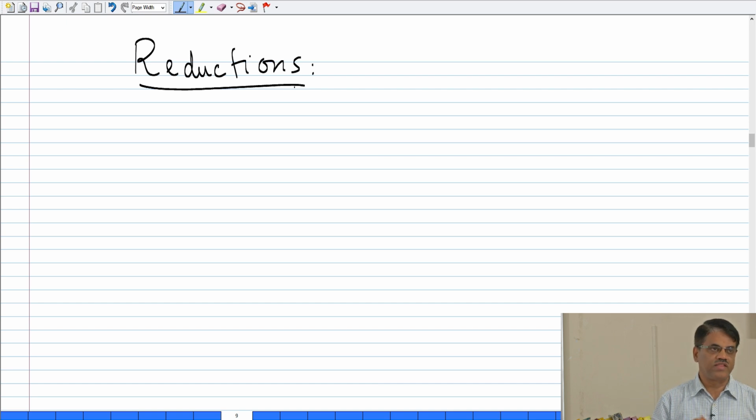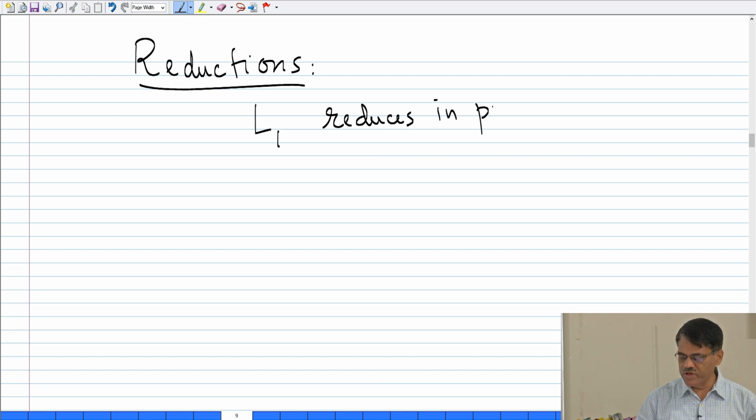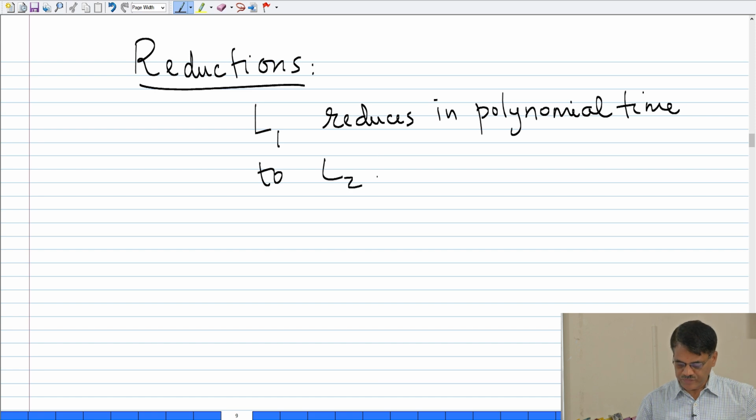Let me formally define this. You have a problem or a language L1 that reduces in polynomial time to L2. What does that mean?